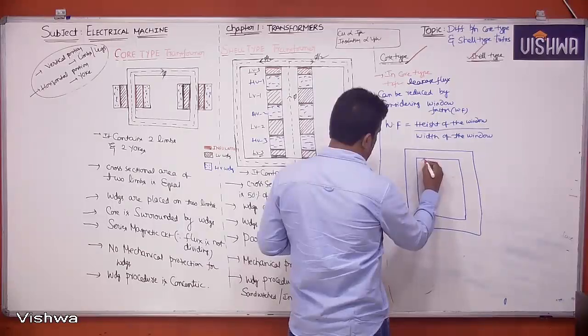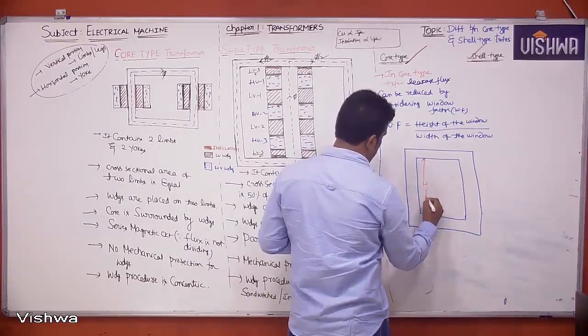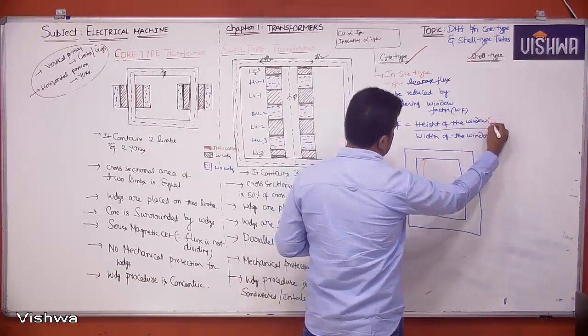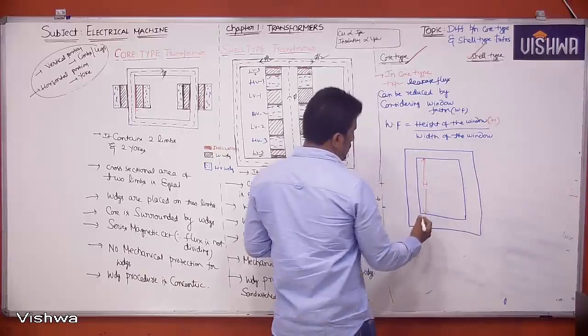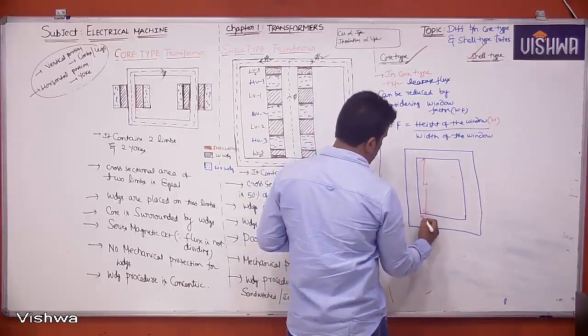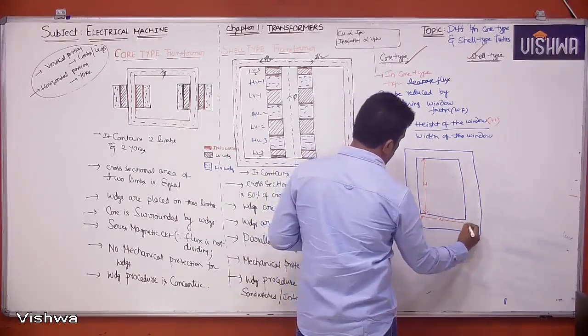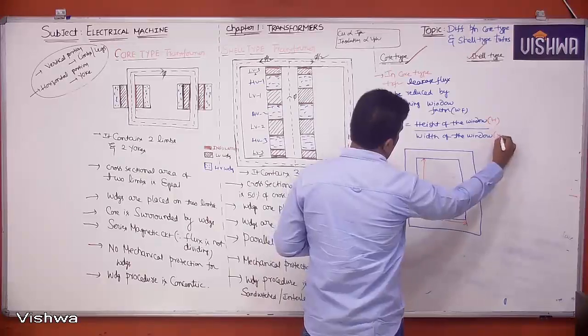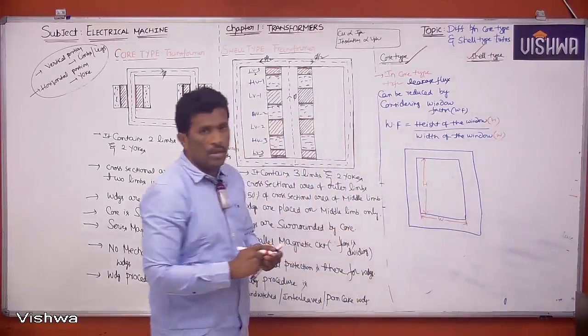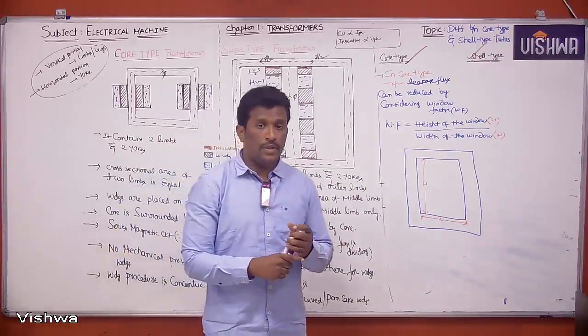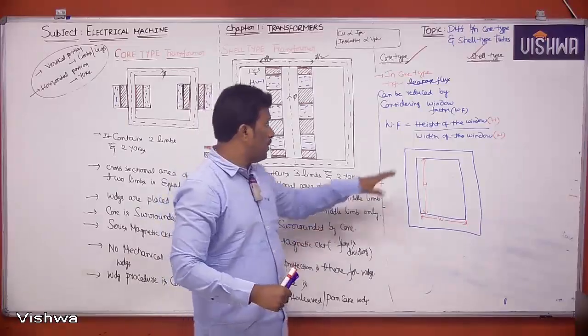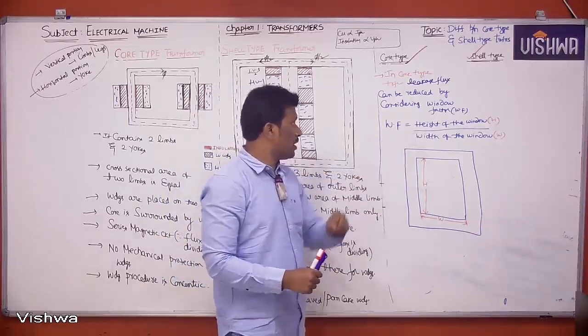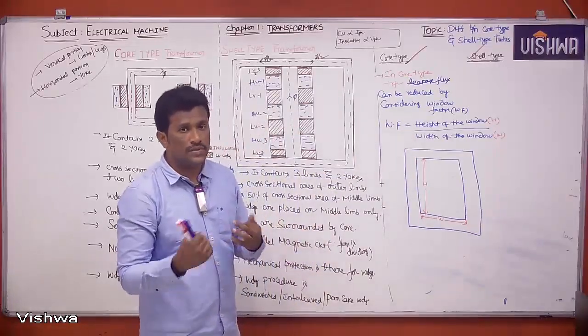This is the height of the window, represented with H. This is the width of the window, represented with W. You may have a doubt: sir, how can considering the window factor reduce leakage flux?